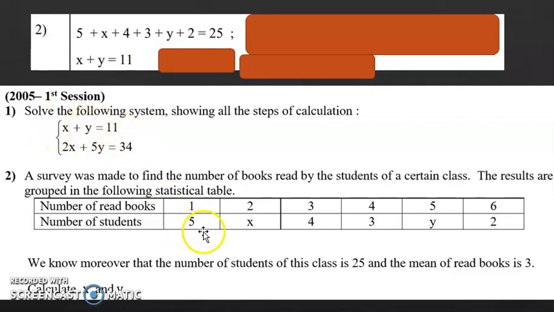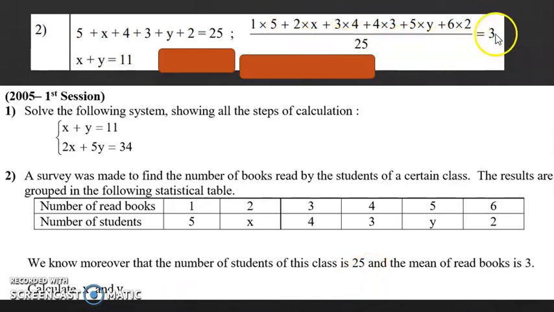Let's continue. What's the second piece of information? We know that the mean is 3. So how do we get the mean? It's 1 times 5 plus 2 times x plus 3 times 4 plus 4 times 3 plus 5 times y plus 6 times 2, all over the total frequency, which is 25, because it's the same as the total number of students in this class.